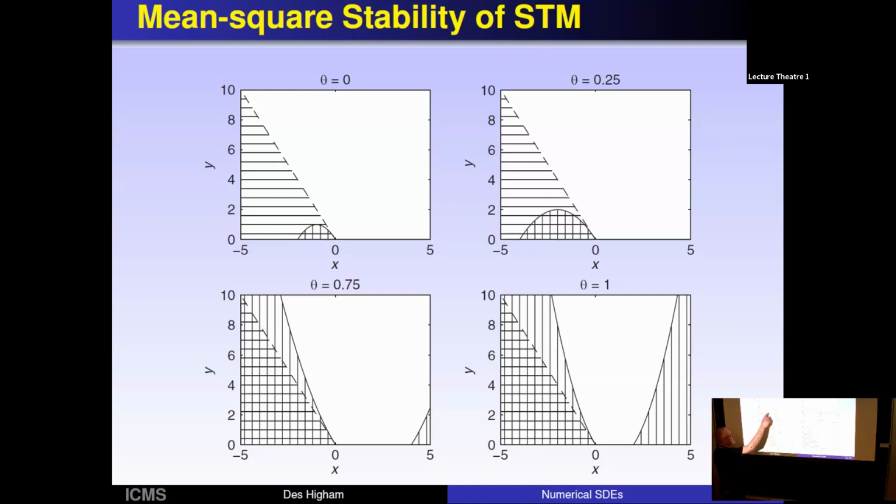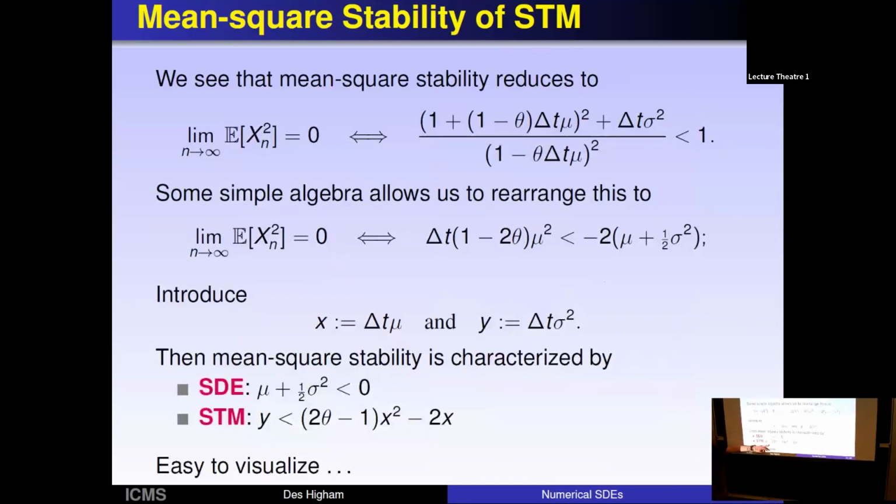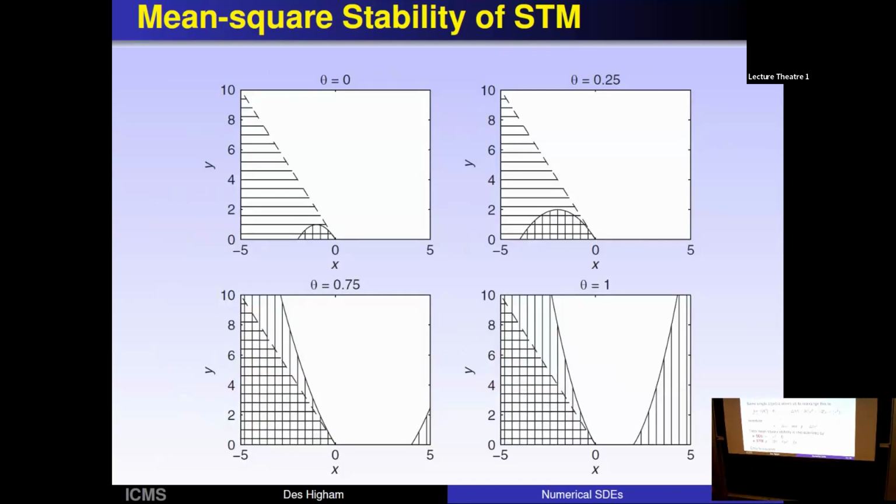This little parabola is now defining the region where Euler's method, theta equals 0, Euler-Maruyama, is stable. Okay, just underneath the tip of this parabola. If I go back, that's the parabola. Okay, so given coefficients, and also there's a corresponding negative, but we can think of sigma as being positive, so sigma squared is positive.